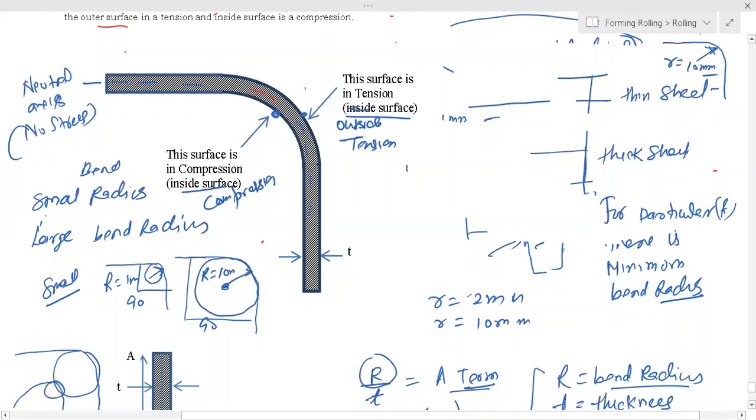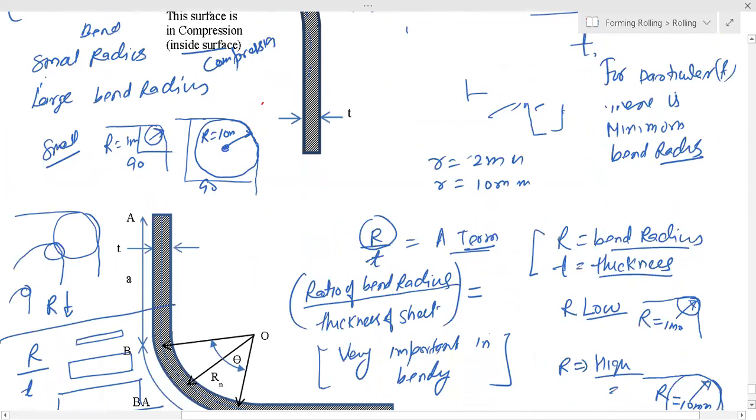Then we discussed one term we called the R by T ratio. What is R? R is the bend radius, and T is the thickness of the sheet. So R by T is a ratio between bend radius and thickness of the sheet.